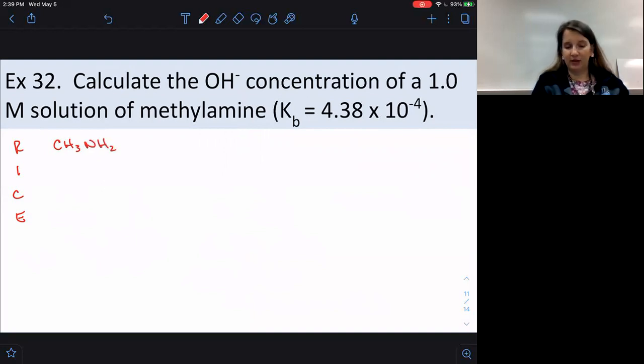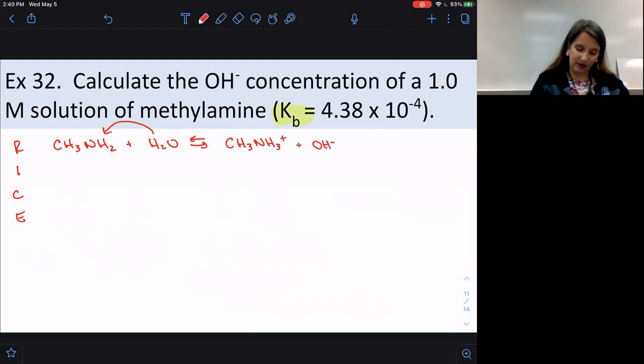And we have KB, so that's a base. So with bases, we want to add that water so we can see how to make the products. Remember, one of these hydrogens is going to join over here on our base. So we would have CH3NH3 plus, and we're left with hydroxide ions over here.